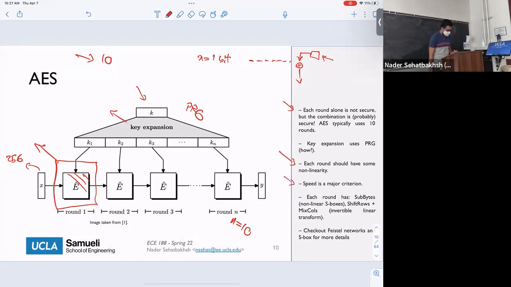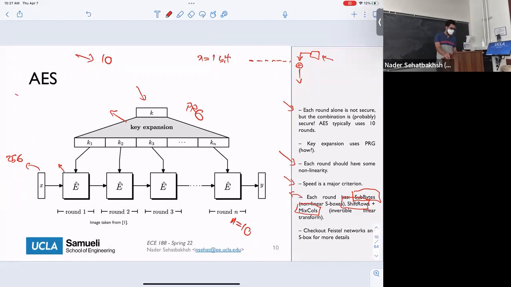All right. As I said, speed is the major criterion in all of these. And so you ask what is going on in each round. To understand exactly what is going on in each round, I highly encourage you to just Google and see what's inside AES. But basically, each round has three main components: what's called SubBytes, ShiftRows, and MixColumns. The SubBytes is actually the nonlinear part.